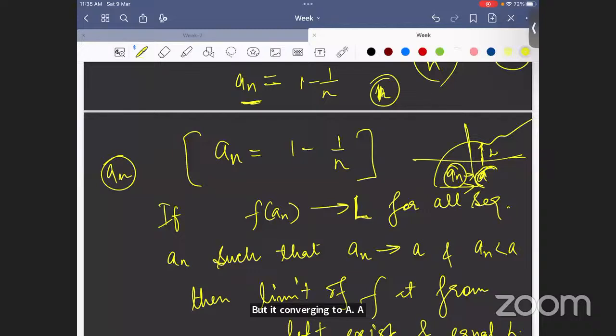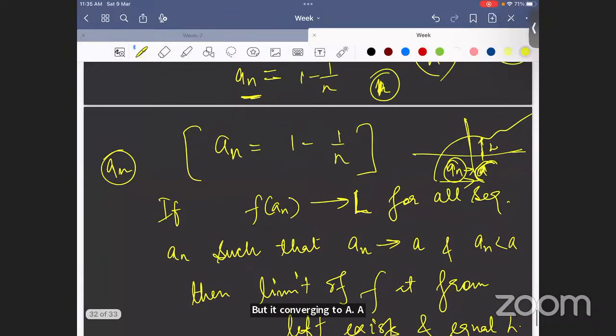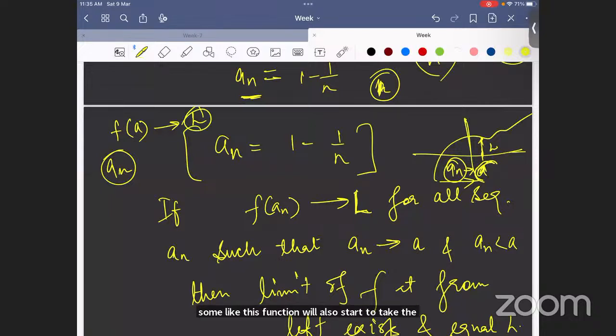At this particular point, this function will always tend to L. Basically this whole statement is saying that from the left hand side, if you have been given any function and you have to calculate the limit from the left hand side, this is what it's saying.